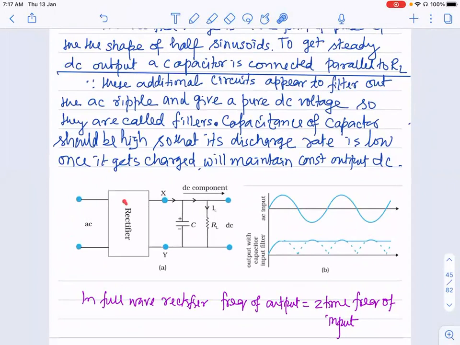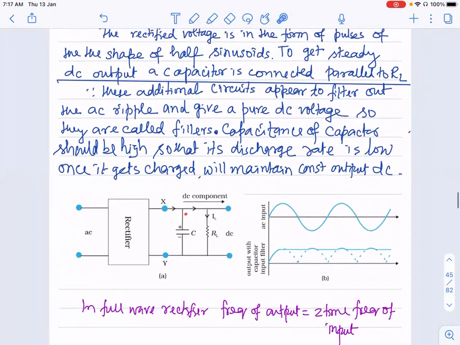Now, this was the rectifier, and to get the constant output, a capacitor is connected in parallel to RL. A high value capacitance is connected. So it will initially get charged. After that, as the supply goes down, it will send charges from its own.